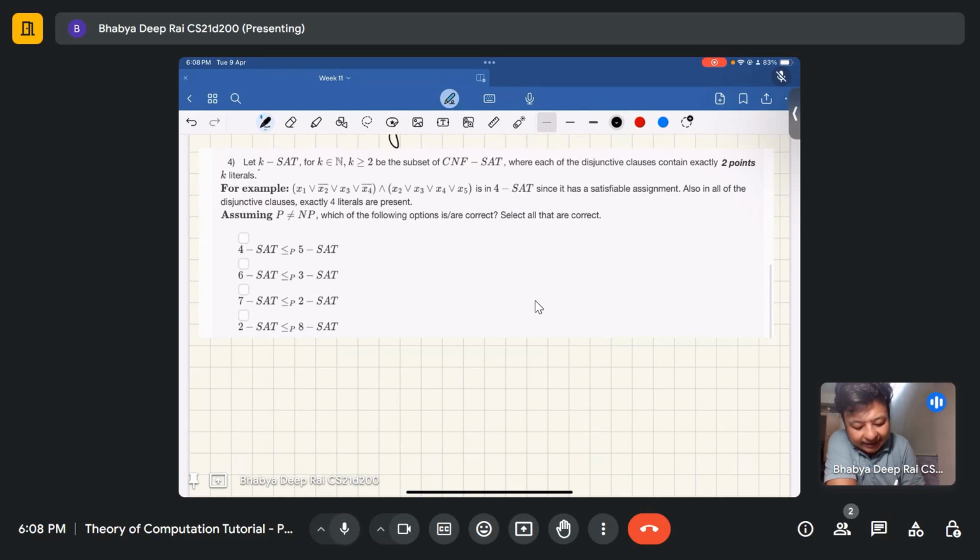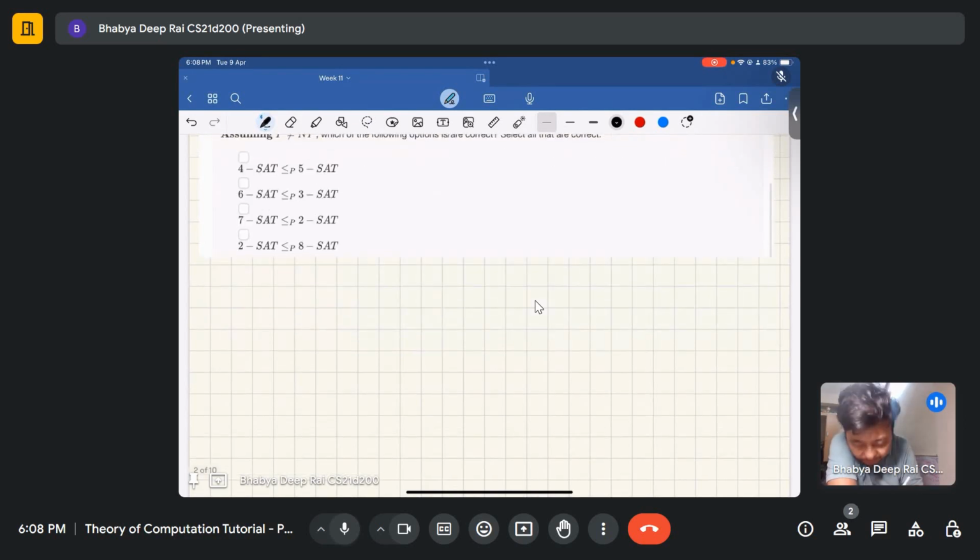It says, let k-SAT, for k a natural number and k at least 2, be the subset of CNF-SAT where each of the disjunctive clauses contains exactly k literals. What does that mean? What is CNF? That is what we call the conjunctive normal form.